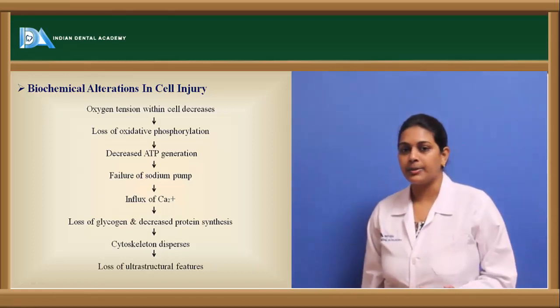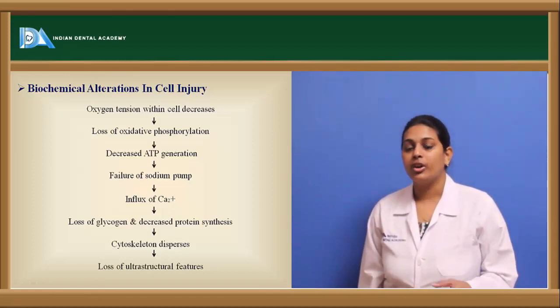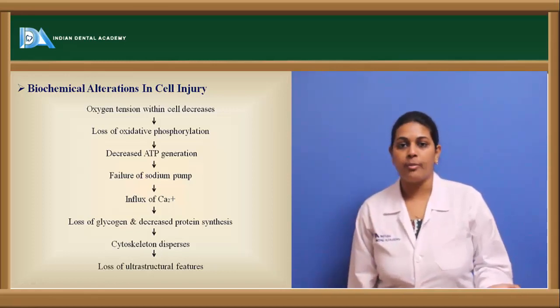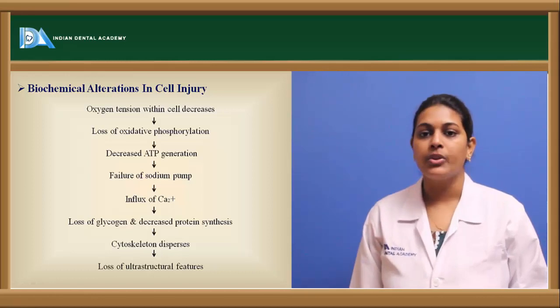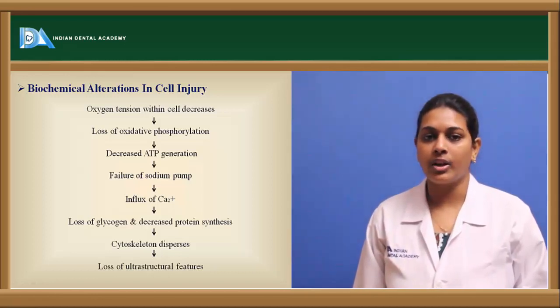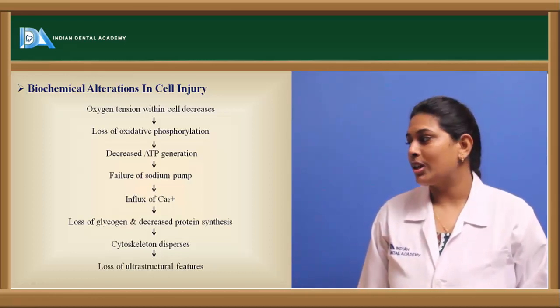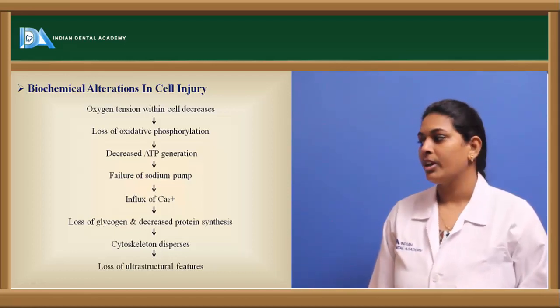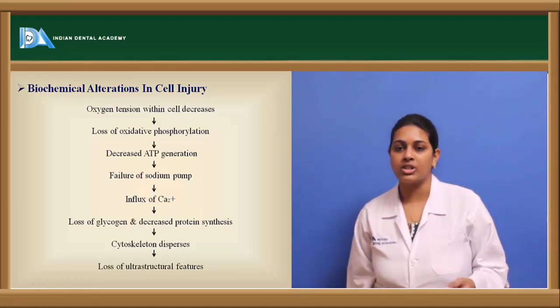So ATP is required for the sodium pump. The sodium pump is a phenomenon where there is influx of sodium, and even the maintenance of the water content within the body. So there will be loss of this sodium pump, that is, there will be loss of water as well as loss of sodium, thereby there will be influx of calcium.